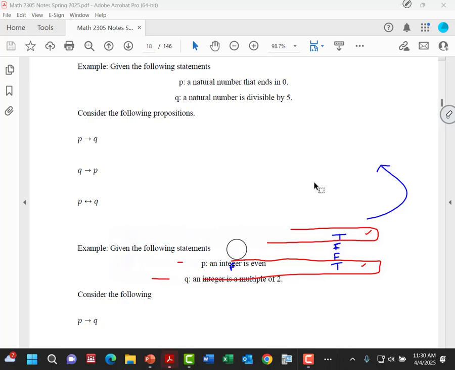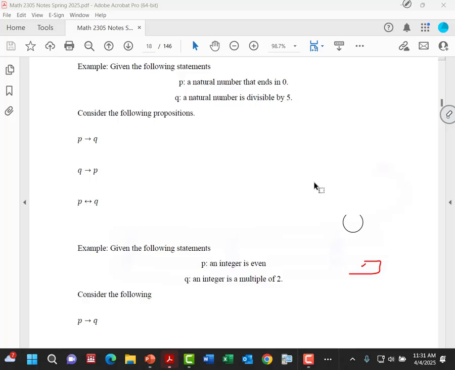So let us consider the following propositions, and I simply want to write them out in English. So P is the statement, a natural number that ends in 0. So what would P look like?